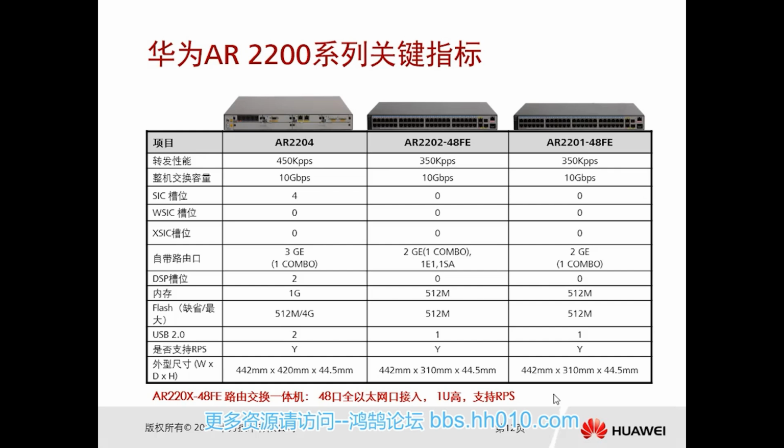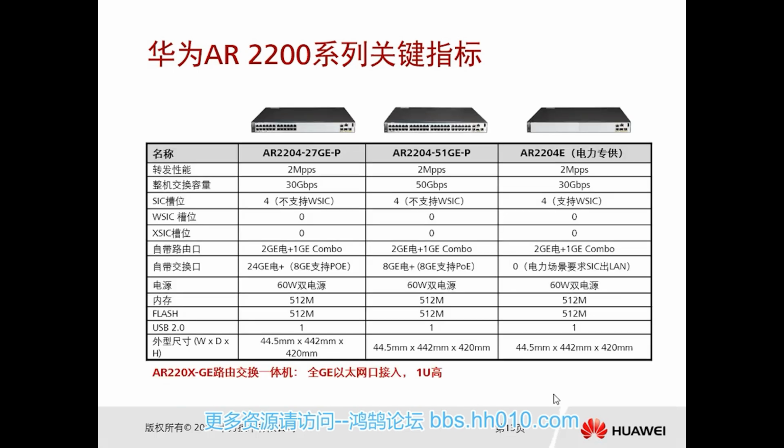Let everyone have a little understanding of this. Take a look at this other one. This is a model of the 2200. So in fact, there is not much to say. The main purpose is to let everyone understand the AR2200 series. In fact, its products are very diverse. You can take a look at many things so everyone can compare if there are any needs. Check out different product series.